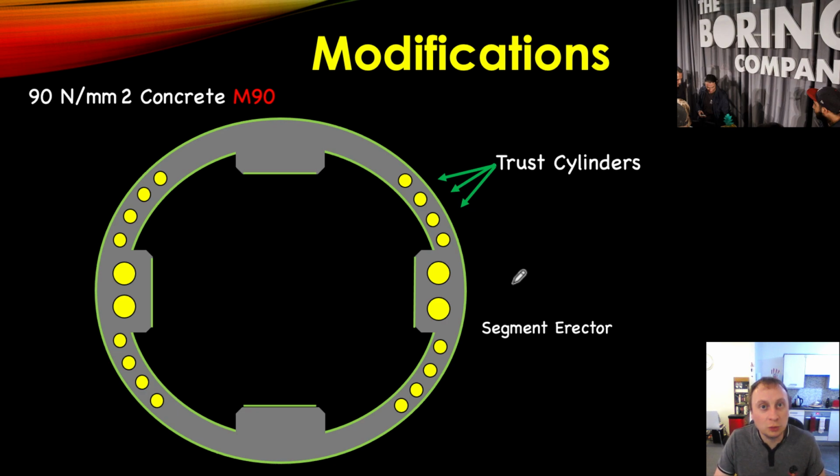It's not an impossibility, but you're just going to have to take the hit on that one. A system like this, I anticipate, will massively increase the amount of segments that can be erected in any given hour, because you can push off and dig faster because you're applying more pressure to the face of the excavation.